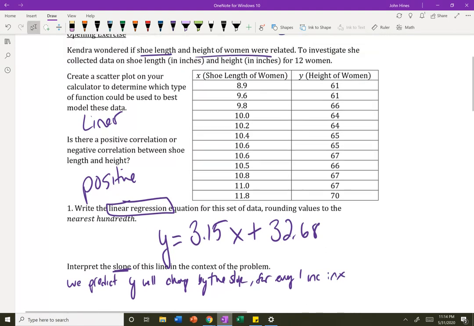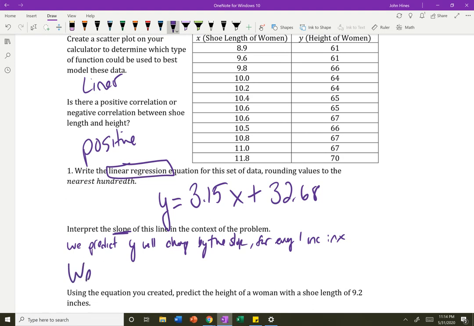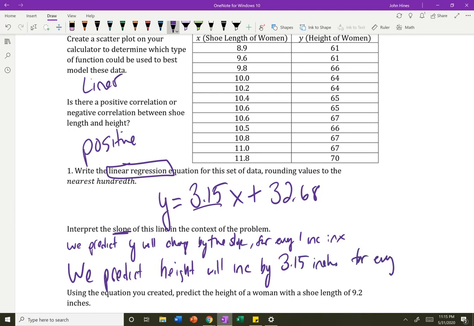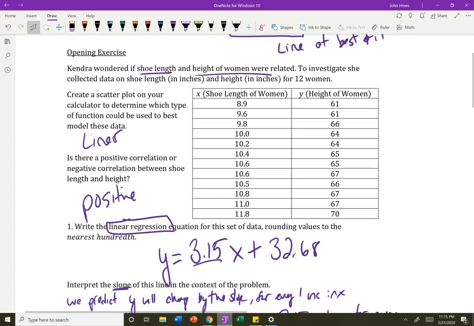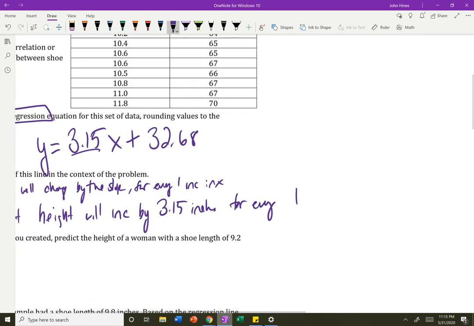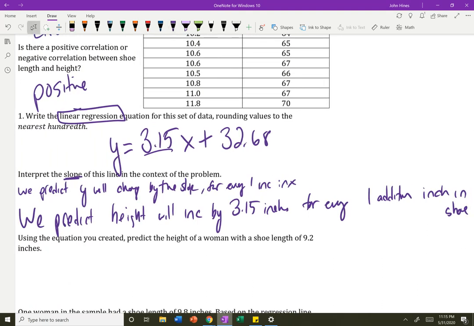So in the context of this problem, we predict height will increase by, well, what's the slope? 3.15 inches for every, well, what's x? For every 1 additional inch in shoe length. So we predict the height will increase by the slope.